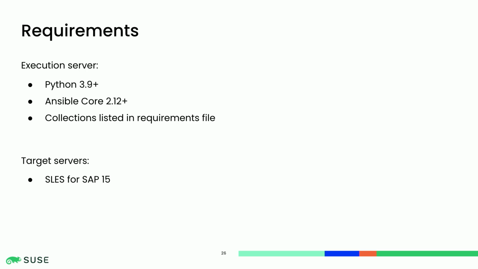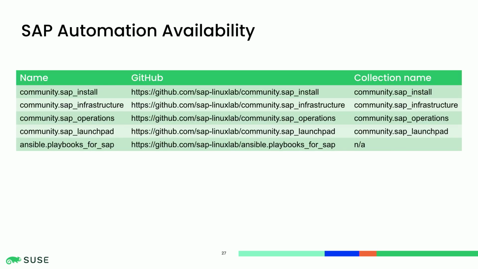In this case, the target server operating system product is also mentioned, because the automation presented here is SAP oriented, so we need Red Hat Enterprise Linux for SAP as a requirement.